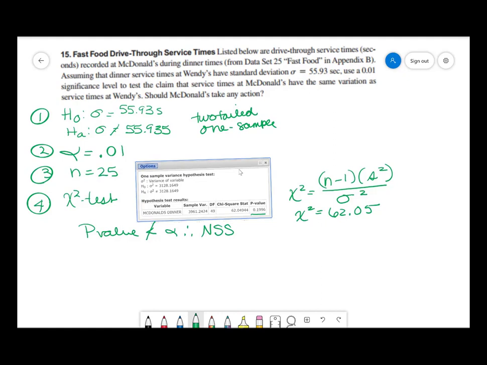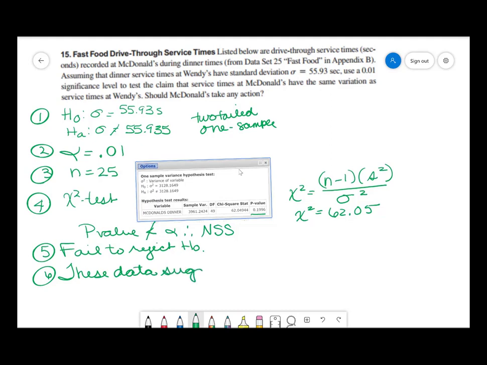When something's not statistically significant, my step 5 is going to say fail to reject my null hypothesis.